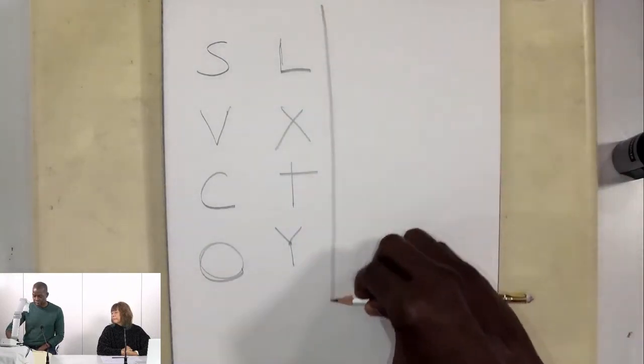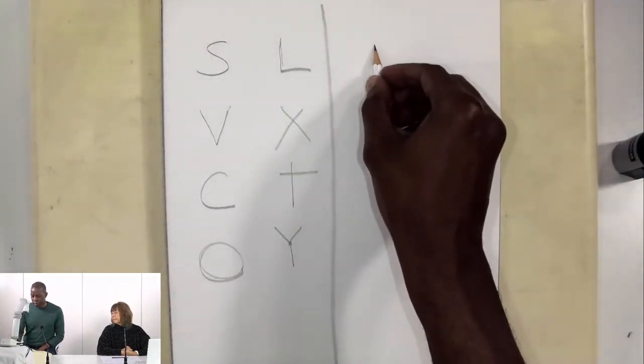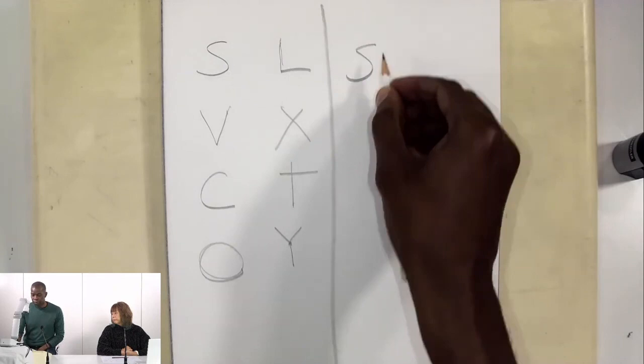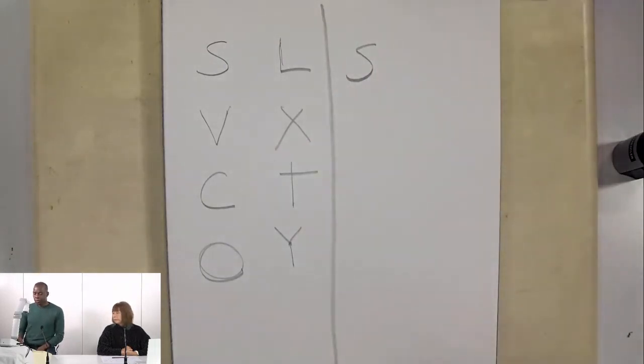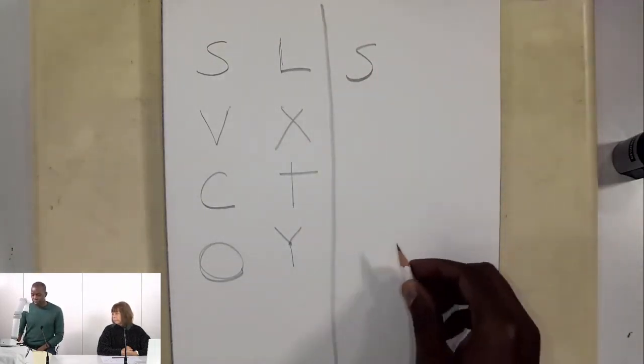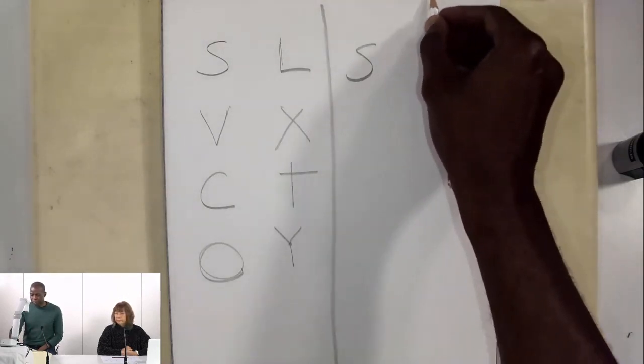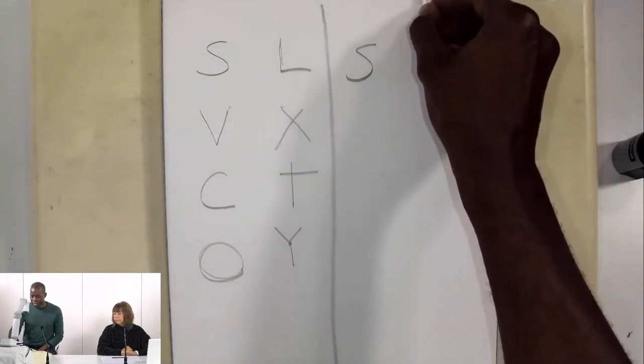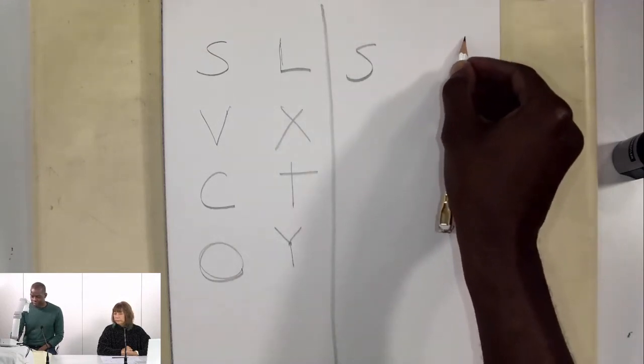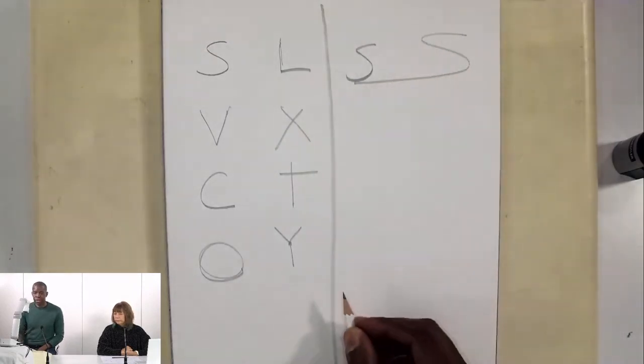So let's talk about the S. What makes the S work as a composition? It doesn't have to be so exact like that, but basically we have a winding shape.